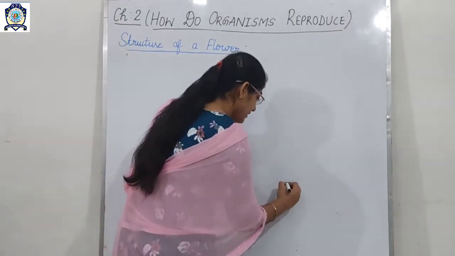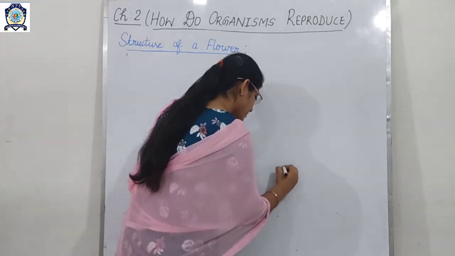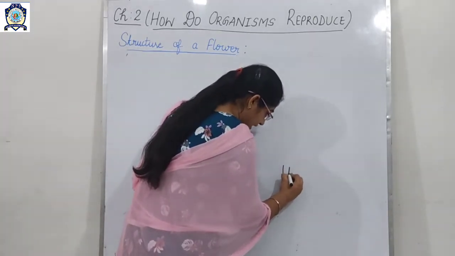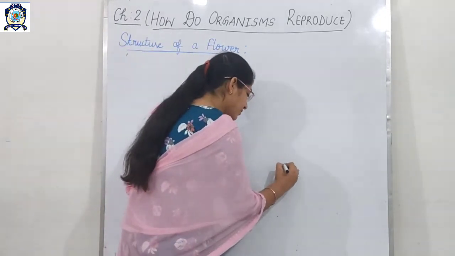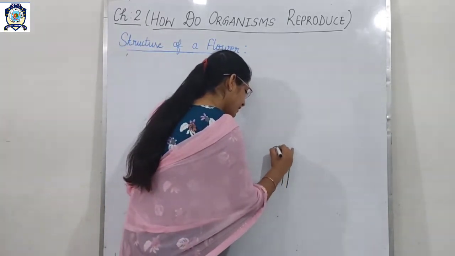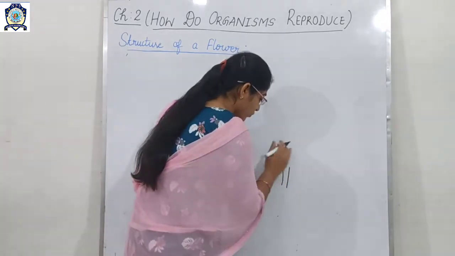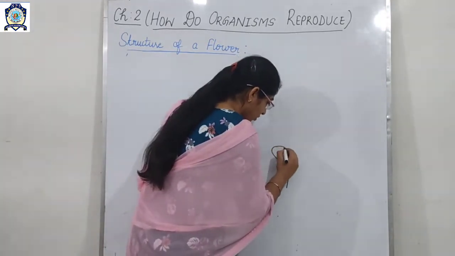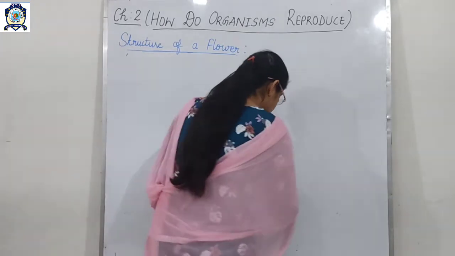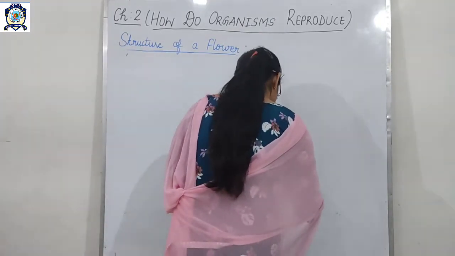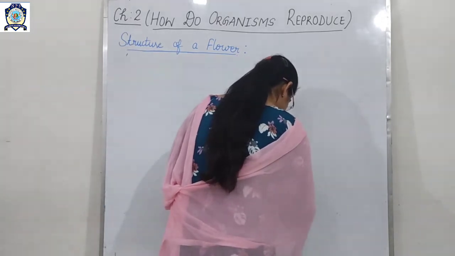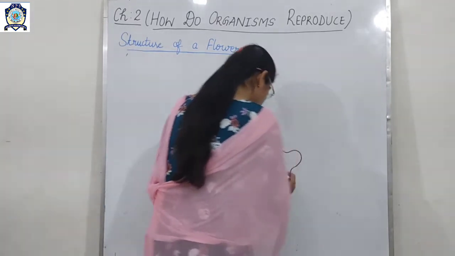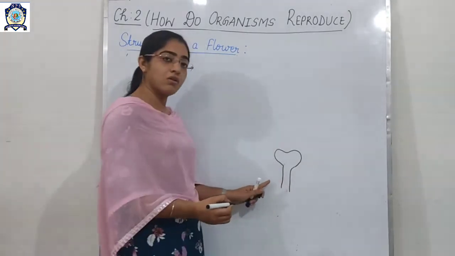Say this is the stalk of the flower. Above that portion there is a swollen portion of the flower, so you have to draw the swollen portion. So this is the stalk of the flower.